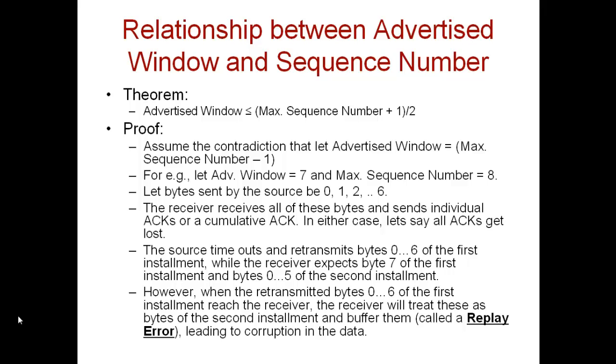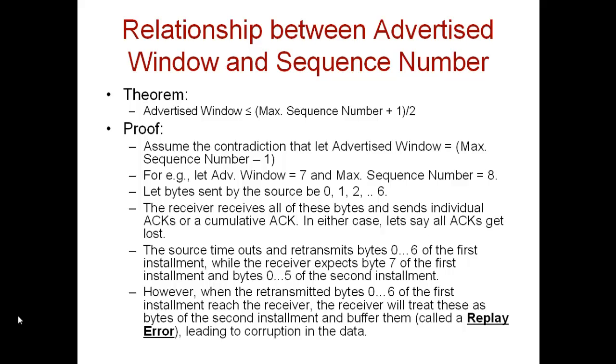Okay, so what I want to clarify is the relationship between the advertised window and the sequence number. The requirement is that the size of the advertised window should be at most half the sequence number space.